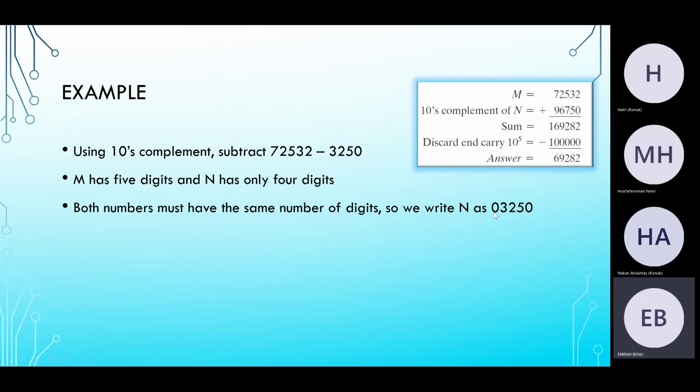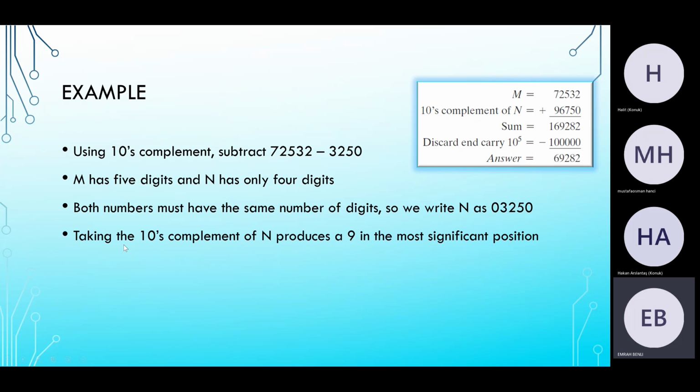So we write N as 0, 3, 2, 5, 0. So both of them are 5 digits now. Now we need to get the radix complement, the tens complement, because we are doing decimal numbers. Tens complement of N, and taking the tens complement of N produces a 9 in the most significant position.